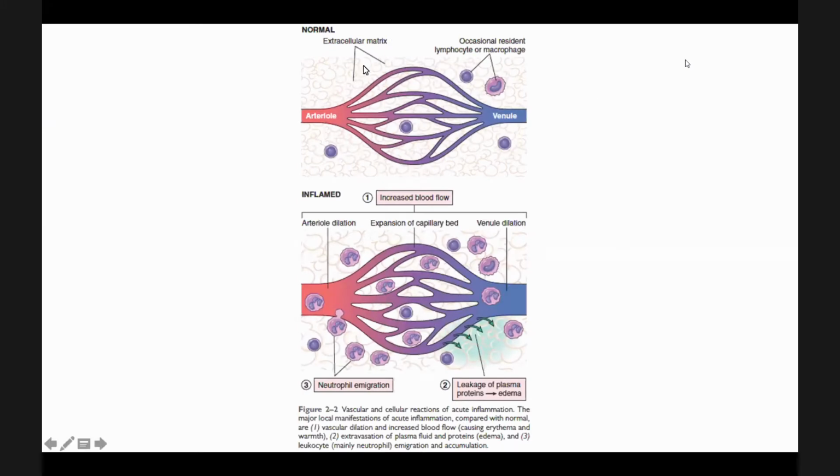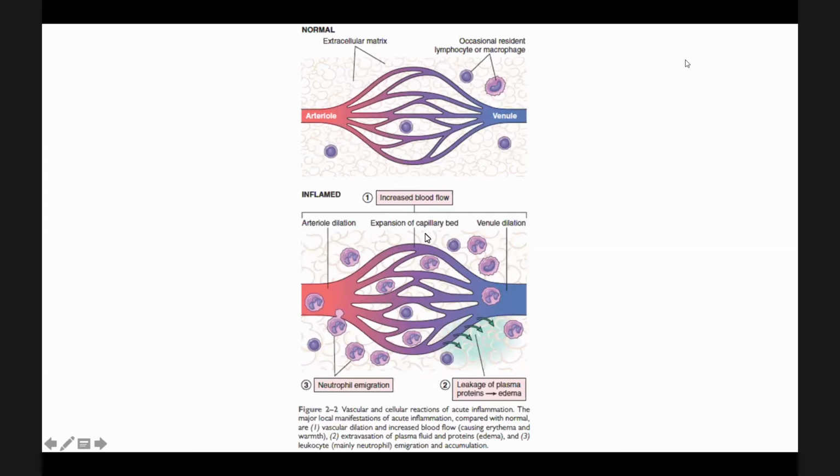So normally, this is how it looks. There is the arterial tissue, the tissue macrophages, and the veins. When there is inflammation, there will be increased blood flow. You can see the arterial dilatation and increased cellular migration. Blood cells, WBCs, can migrate from the blood vessel wall into the tissues.